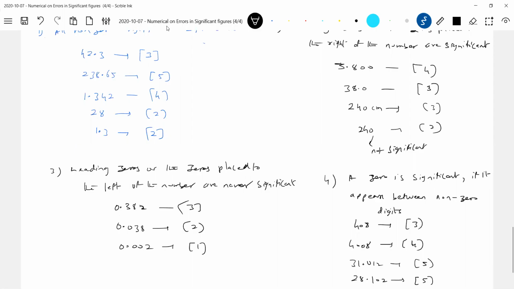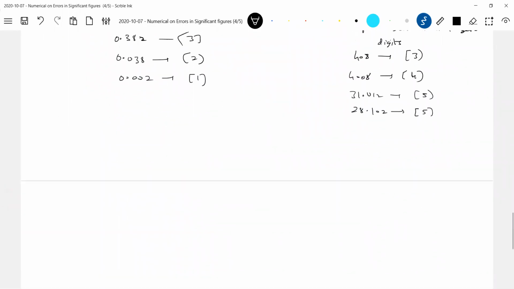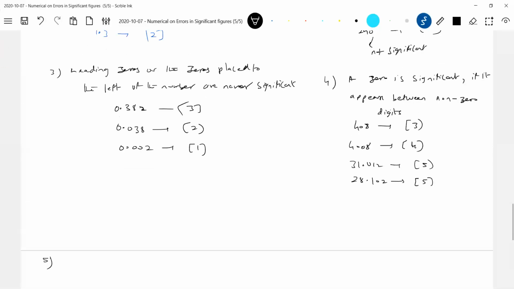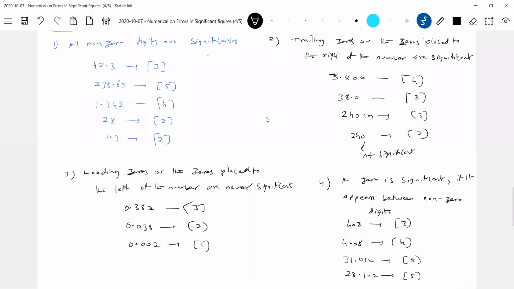Now, there's one more rule. Just see once, I'll scroll down.